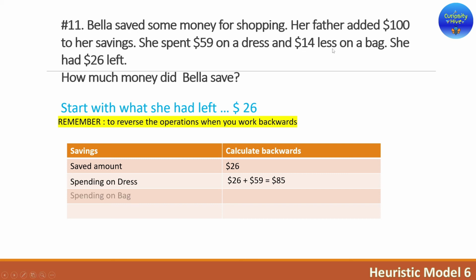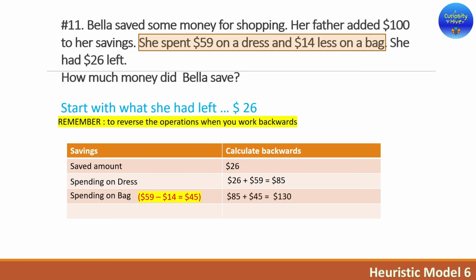Well, spending on the bag, the cost of the bag is 14 less, which is 59 minus 14, which is 45. So we will add 45 to 85, because again, spending means she is spending from her savings. So this is a part of her saving. So we will add it to 85, which will give us 130.